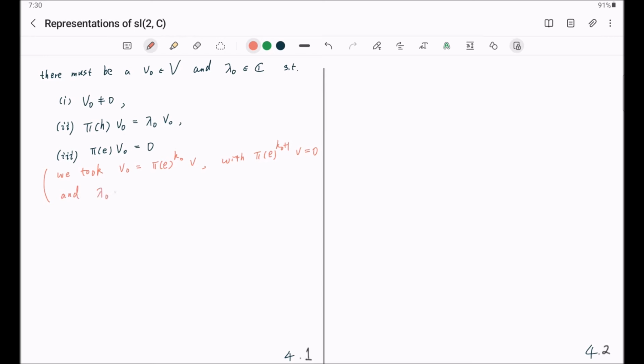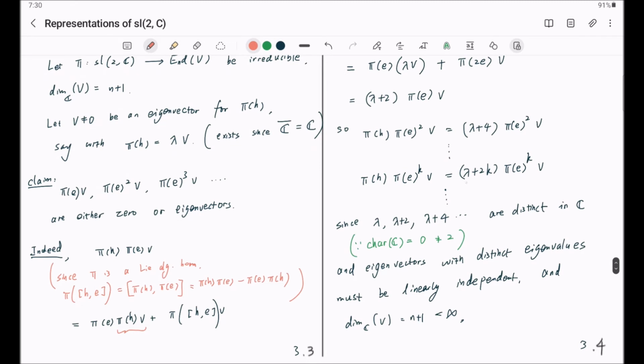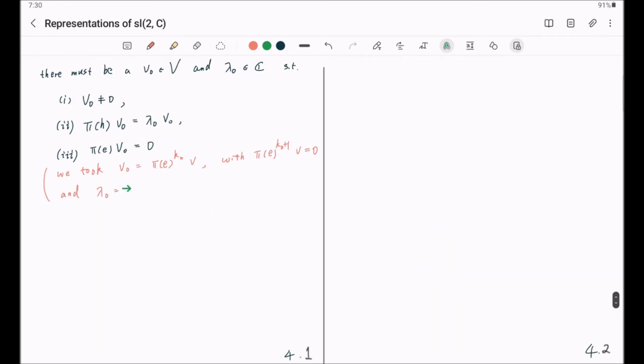And lambda naught be lambda plus 2 times k naught. This is how we took v naught and lambda naught.